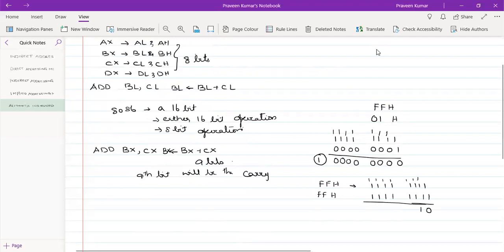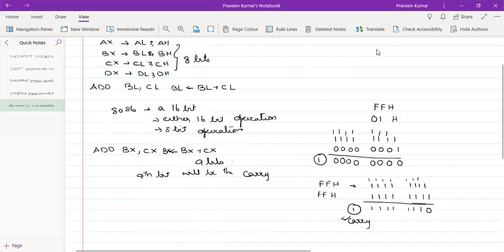So it will be 1, 1, 1, 1, and there will be a carry coming out of the most significant bit.